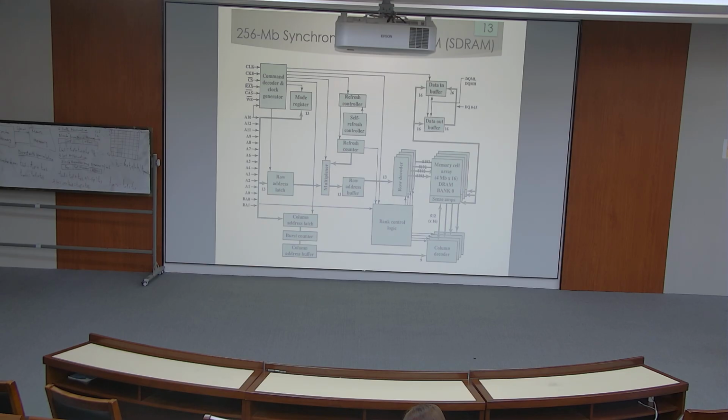What you need to know is that it uses a multi-bank architecture, and it also has an external clock signal to be used in coordination with the central processing unit.